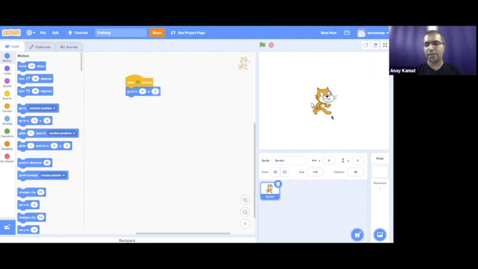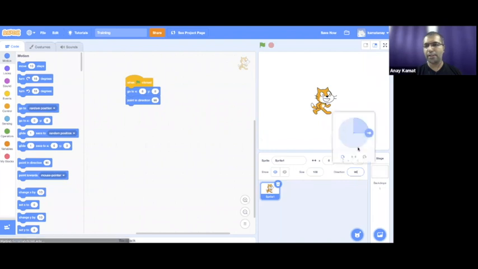There is also another thing that might happen: while the program starts, somebody might have changed the orientation or the direction in which the sprite is facing. In which case it might come to the center, but the rotation might still be wrong. So let us also adjust that by saying we point towards 90. 90 is towards the x-axis.